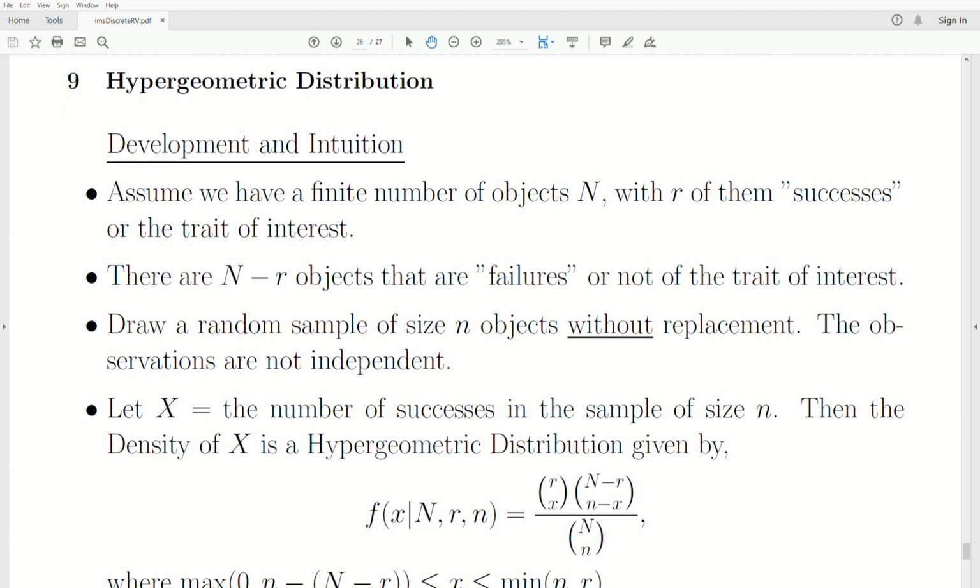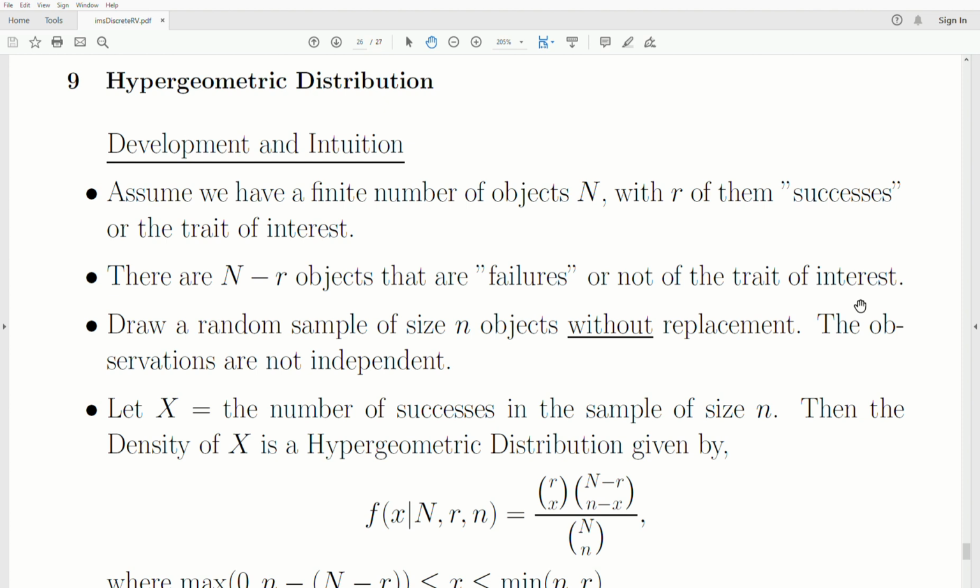Assume we have a finite number of objects N with R of them success, or the trait of interest. That means there are N minus R objects that are failures, or not the trait of interest. For example, flipping a head: we're interested in the number of heads, so head would be success, tail would be failure.